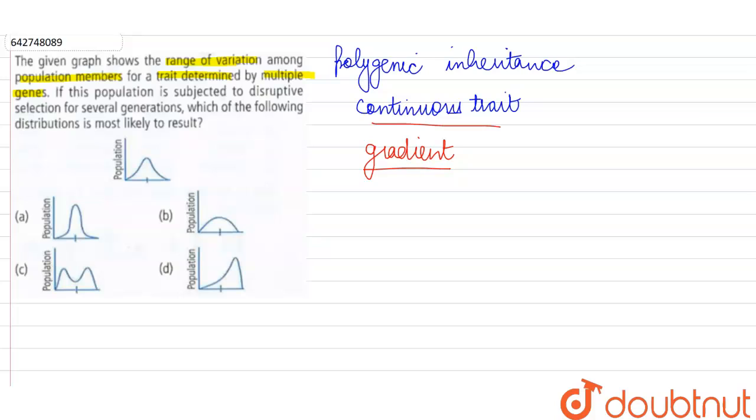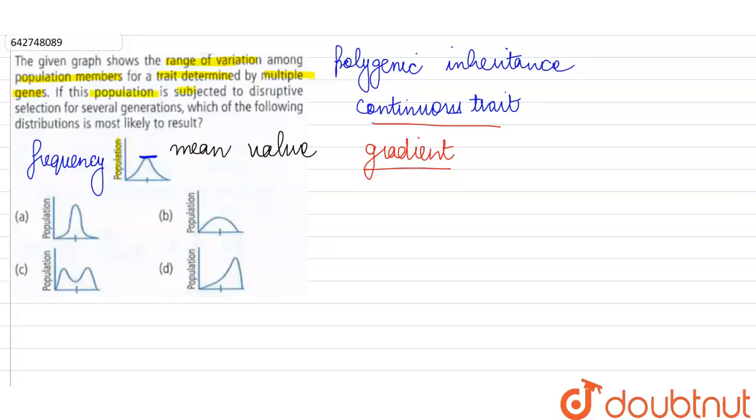So they are showing the distribution of this trait in a particular population, and we can see that the frequency is the highest for the average value. This trait is not necessarily height or color, but over here we can see that the mean value has the highest frequency. But what are they saying?